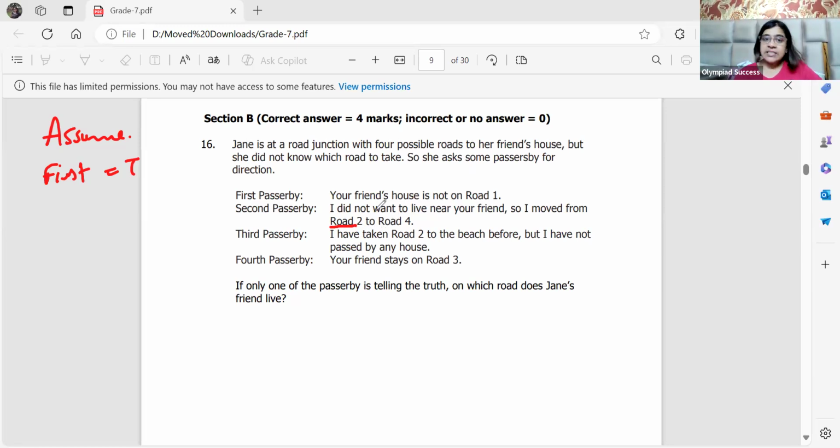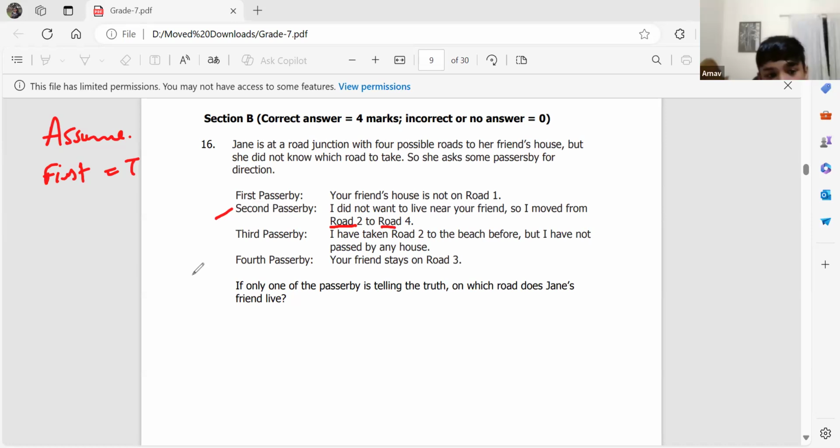If the second passerby is saying that he did not want to live near him, so he moved from 2 to 4, that means the friend was living on 2. And this is false. So he's not living on 2, and is also not living on 4 because he just moved to a different place. Ah, yeah. Okay. You get that? That means the only possibility left, if the second person is saying the false statement, then what would that mean?